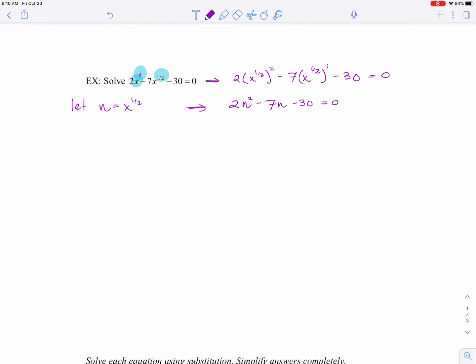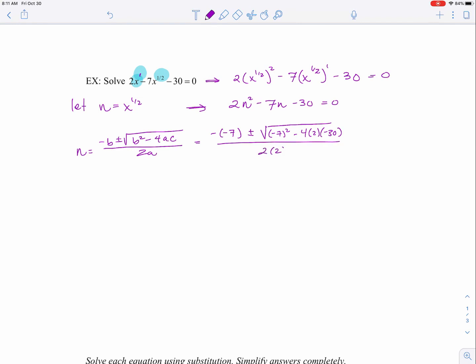But it won't be x equals, it will be n equals negative b plus or minus the square root of b squared minus 4ac all over 2a, which in this case will be negative 7 plus or minus the square root of negative 7 squared minus 4 times 2 times negative 30, all over 2a, which is 2 times 2.